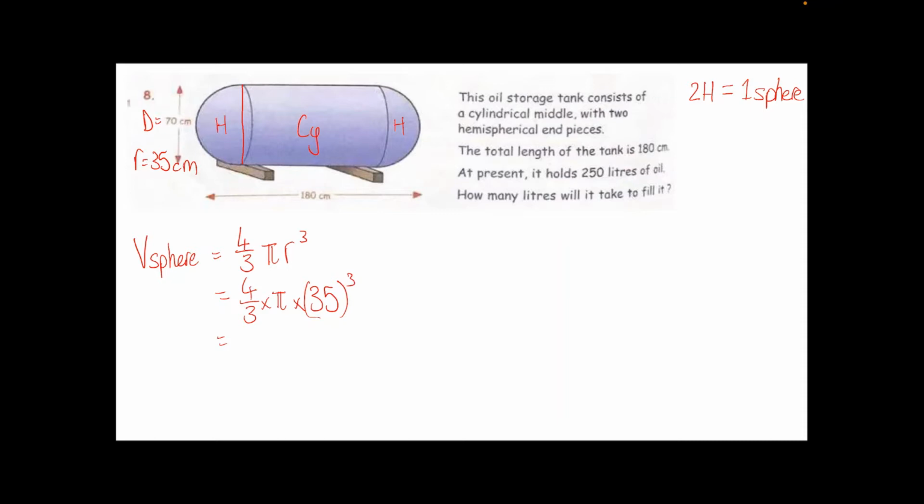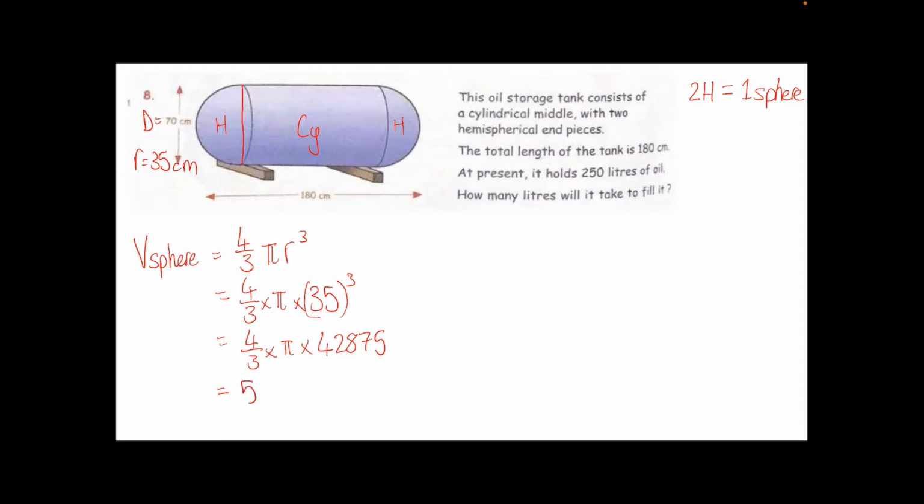So really what we are doing is our 35 cubed is going to give us 4/3 times by pi times by 42875. So I'm going to keep that big number in my calculator, not clear it, just hit times by 4 times by pi.